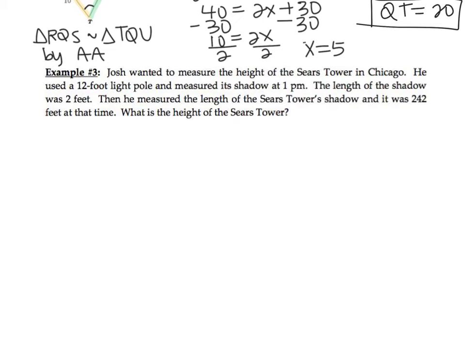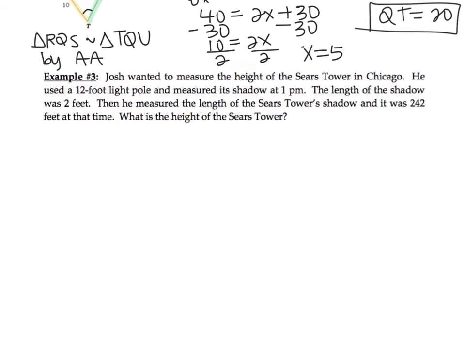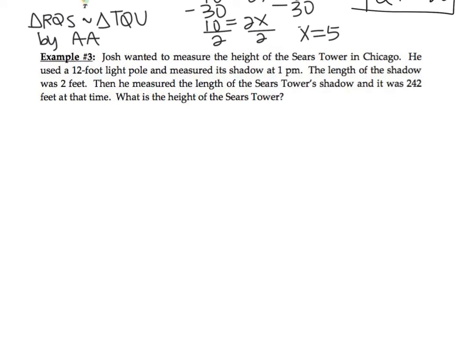So I'm going to draw pictures to help us with this. So we have a 12-foot light pole. And I cannot draw. So we have a light pole. This light pole is 12 feet tall. Its shadow was measured. So its shadow comes down to the ground.